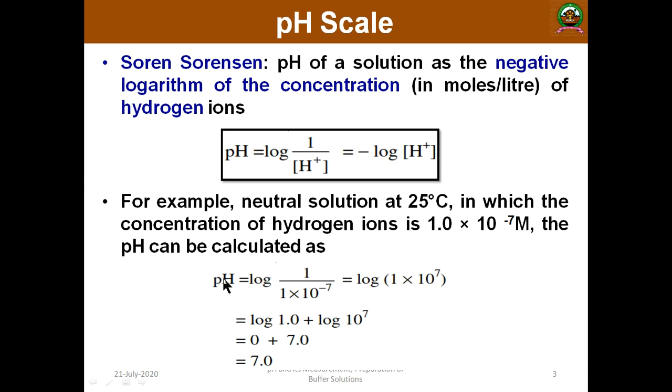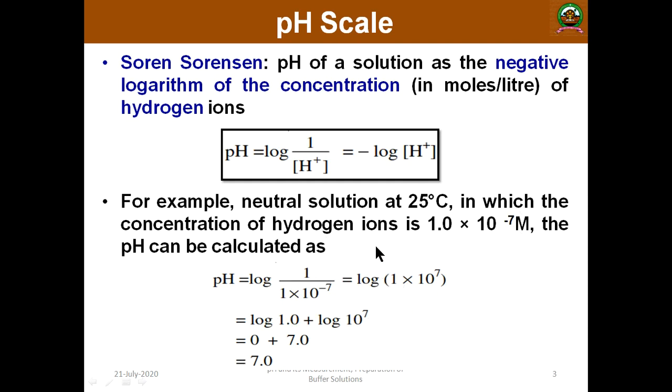Here we have the formula pH is equal to log of 1 by concentration of H plus. What is that concentration? 1 into 10 raised to minus 7 molar. So just substitute this value. Log of 1 by 1 into 10 raised to minus 7 is equal to log of 1 into 10 raised to 7.